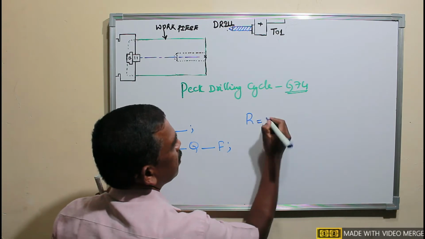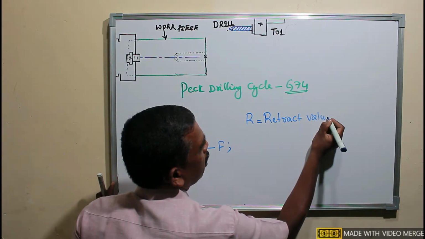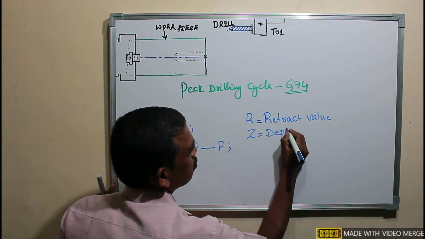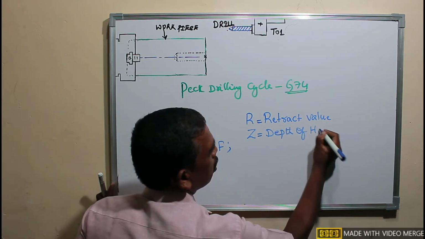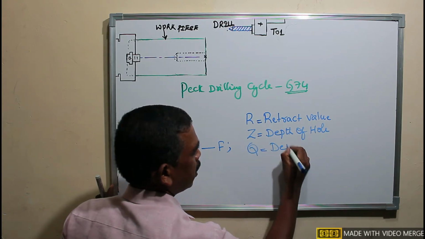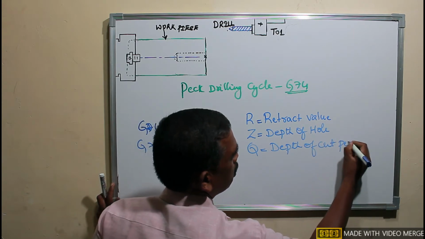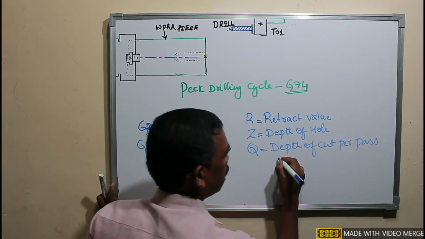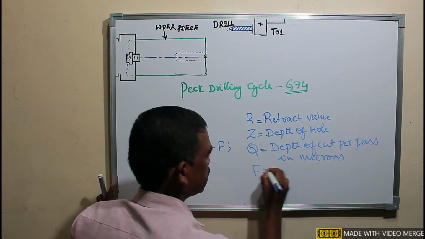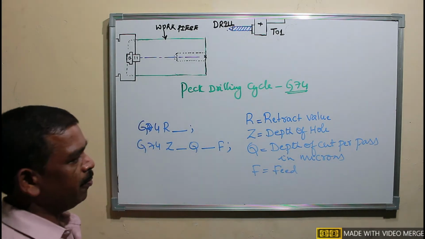See, R is a retract value, and Z is the depth of the hole, and Q is the depth of cut per pass in microns, and F is the feed in mm per revolution or mm per minute.